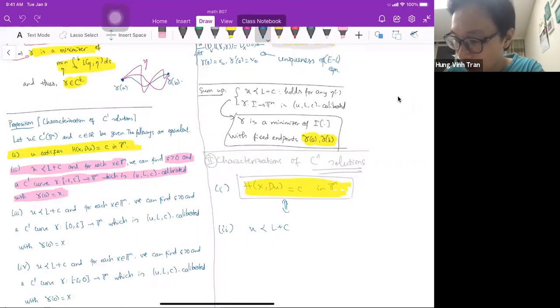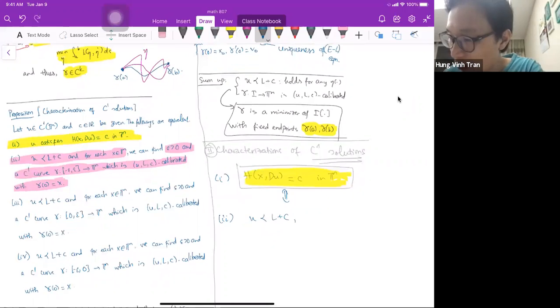And what is also remarkable is that if you fix any point X in the torus, we can find just a local curve passing through it.